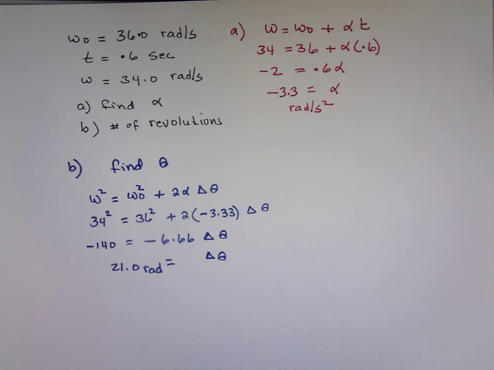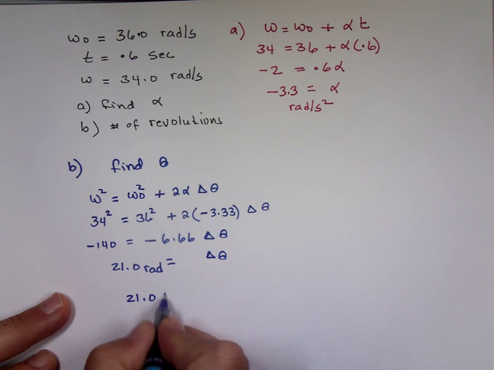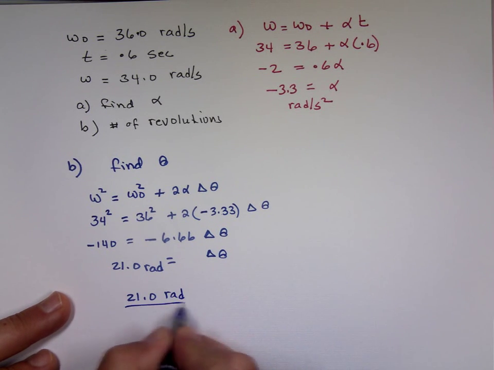Notice it's positive here, which means counterclockwise. The question is not how many radians, but how many revolutions. To convert from radians to revolutions, we said what? 21.0 radians over 1.